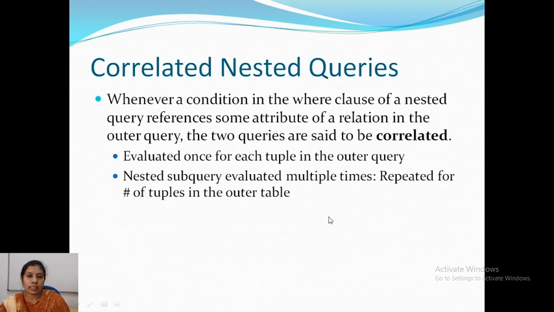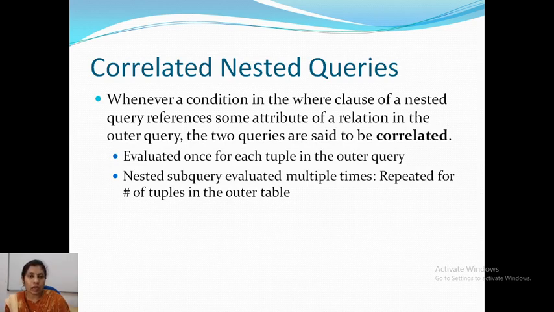Then the last topic in this session is correlated nested queries. Whenever a condition in the where clause of a nested query references some attributes of a relation in the outer query, then these two queries are called correlated.